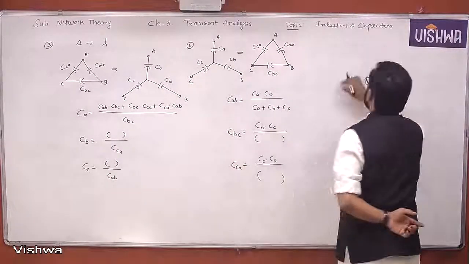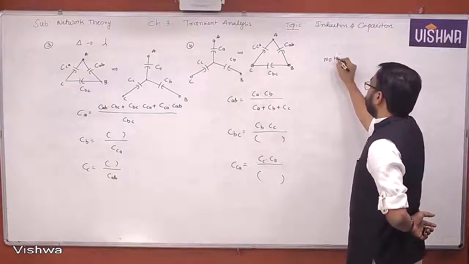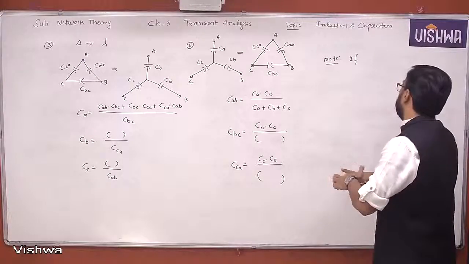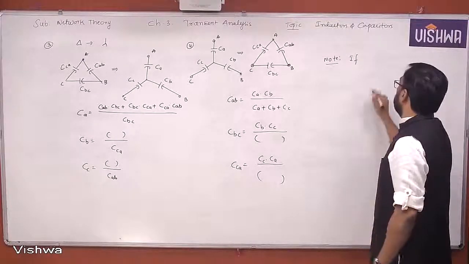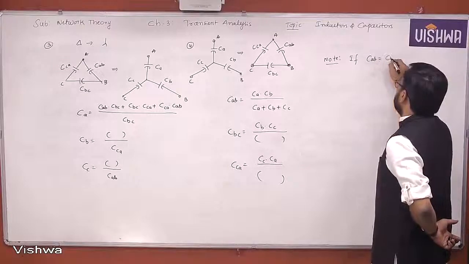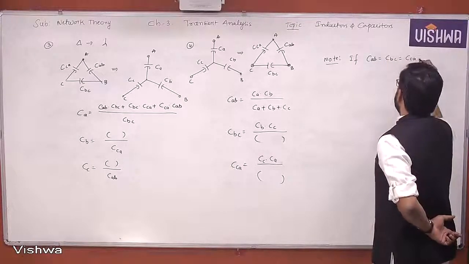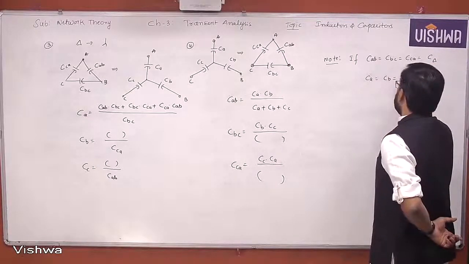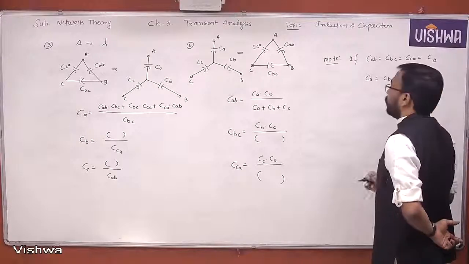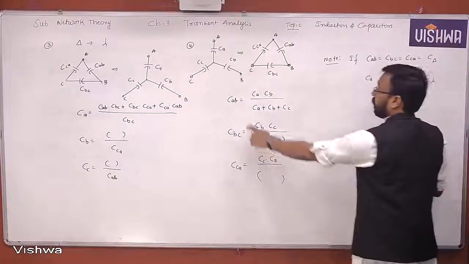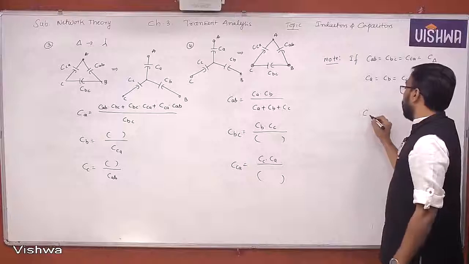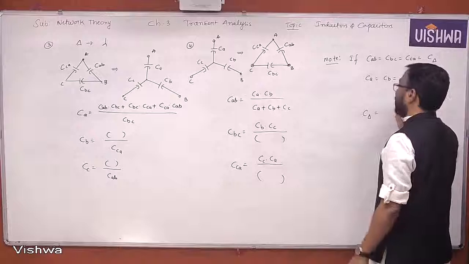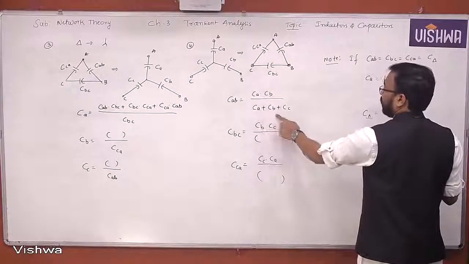Note, if CAB is equal to CBC is equal to CCA is equal to C delta, and CA is equal to CB is equal to CC is equal to C star, you can write from this, C delta can be written as C star square by 3 times C star.